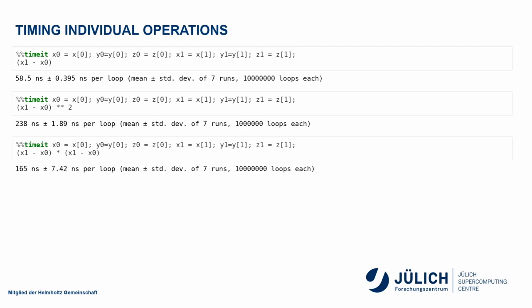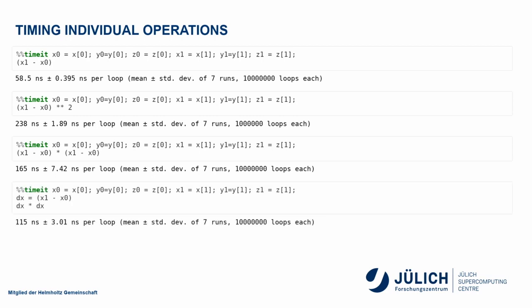So what if I actually calculate this first and then square the result or multiply the result? Well, that's actually faster. So in this case, an intermediate value actually does help me get my time for the square down from 238 nanoseconds to 115 nanoseconds. So half the time. Not bad.